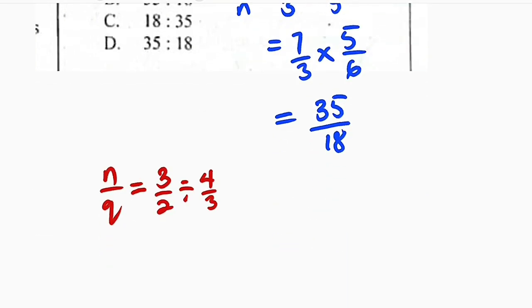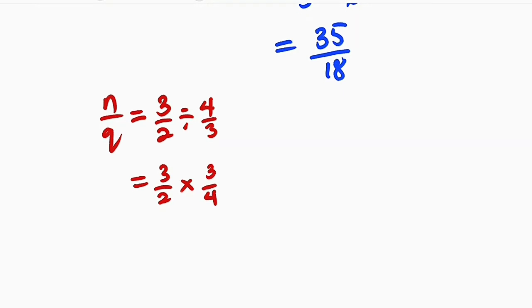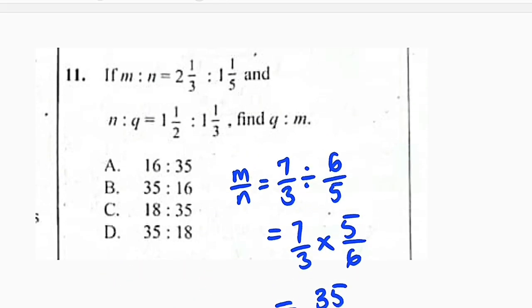If we simplify this, we have 3 divided by 2. You change this to multiplication and take the reciprocal. We have 3 divided by 4. If you simplify this, you have 9 divided by 8. All right, remember what we are looking for. We are looking for the ratio q to m.